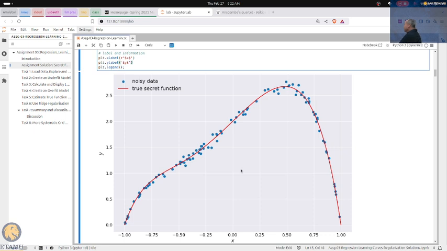So a practice like this, where there actually is a reality that you can know, that you don't know when you're trying to figure things out, but you can go back after the fact and compare what you came up with to what was actually true about the data, can be very useful for understanding and building your skill.